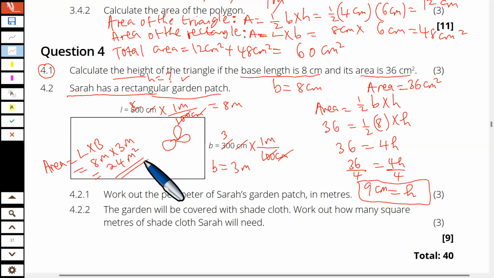Okay, so we continue right now. If you look at 4.2.1, work out the perimeter of Sarah's garden patch in meters. Right, so we've worked out the area in meters. Then let's look at 4.2.2.